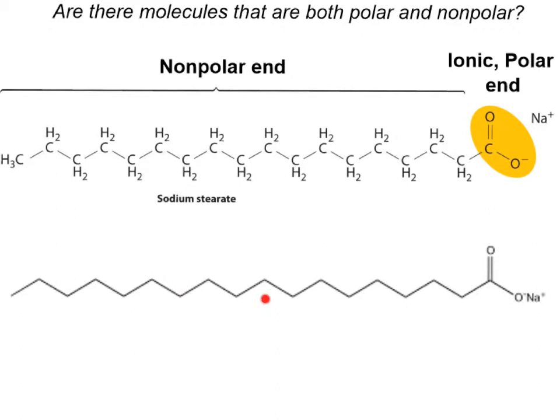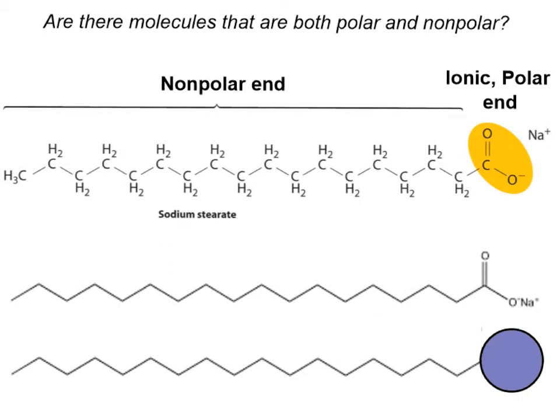This is a very nice, simple way to write long hydrocarbon chains as well as the polar end. We could even further simplify this and make a great big circle for this polar ionic end. And we have, in essence, a polar head and a long hydrocarbon nonpolar tail.